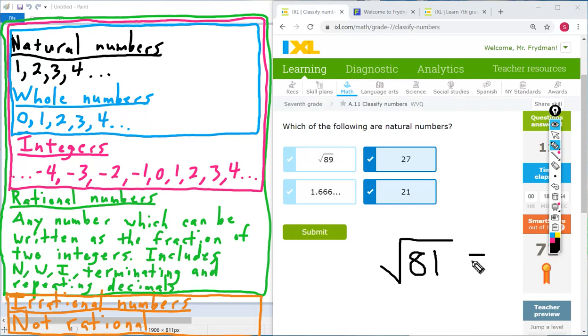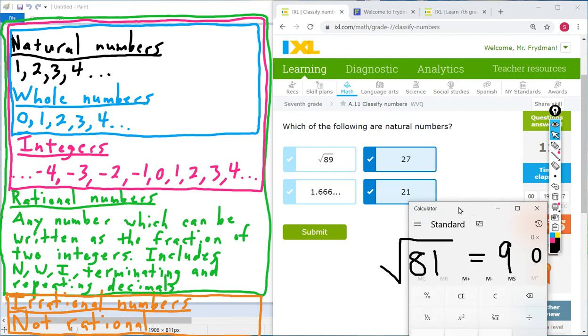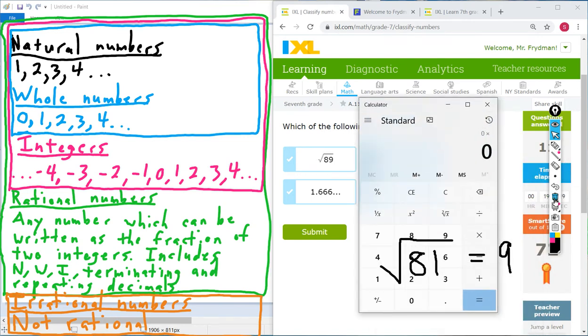Well, the square root of 81 is just 9, because 9 times 9 is 81. So a number can be written in this form with a square root here and still be a natural number, right? But the square root of 89 is not a natural number, and you can check that in the calculator.